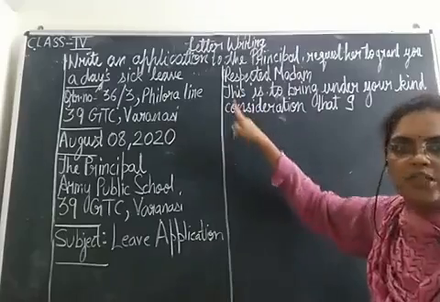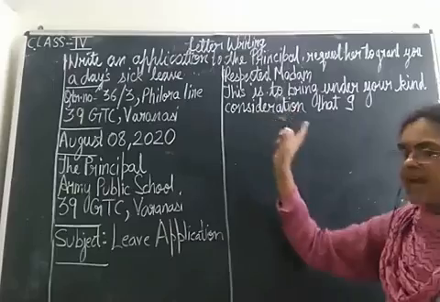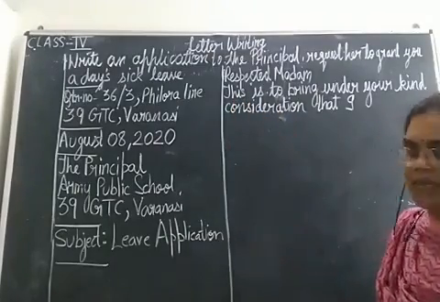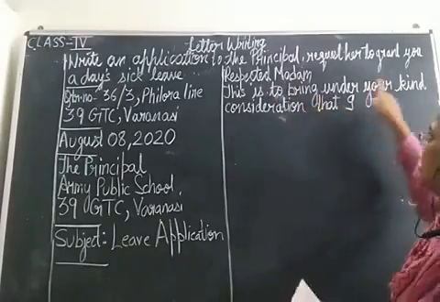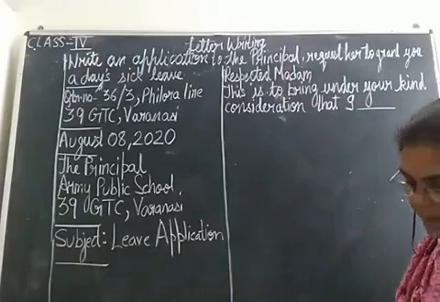Ensure that all the words fall one below the other. आप zigzag नहीं लिखोगी, एक वर्ड यहाँ, एक वर्ड यहाँ. Don't write like that. एकदम वन बिलो दी अदर. So this is to bring under your kind consideration that I write your name.